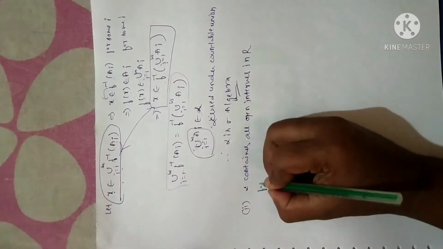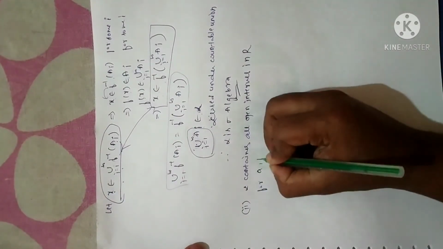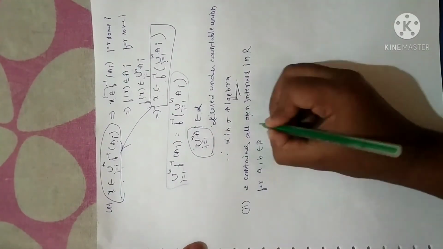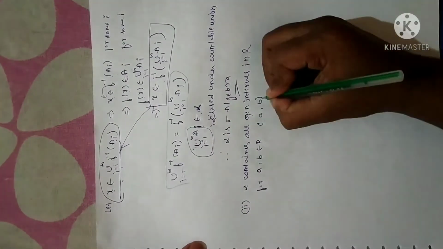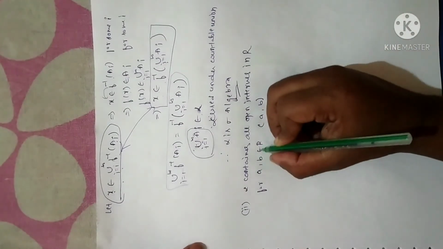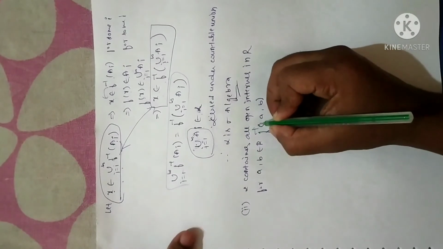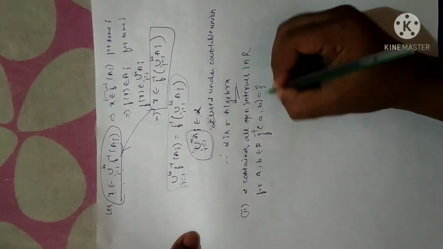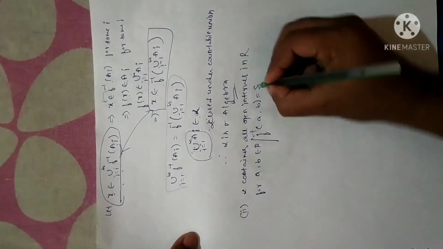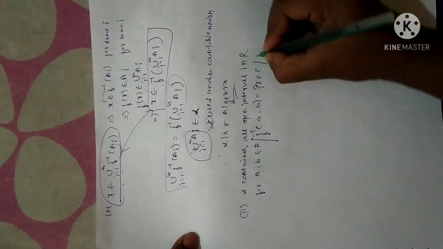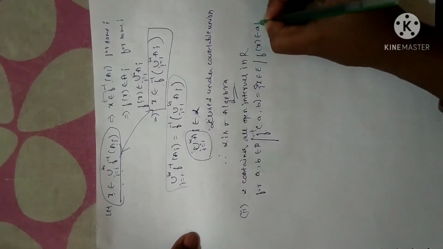Fine. Now let me consider any two elements a and b in R such that the open interval (a,b) is given. Then F inverse of (a,b), from the definition of measurability of a function, can be written as the set of x belonging to E such that F of x belongs to (a,b).